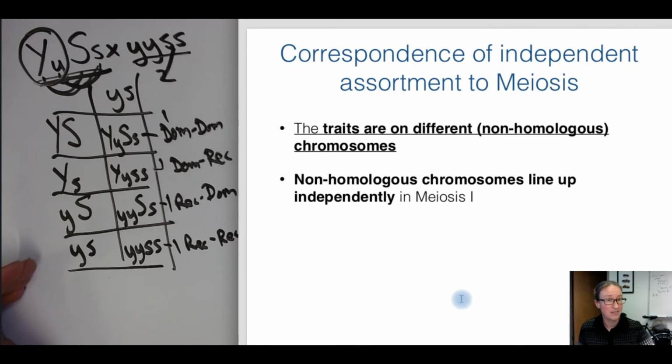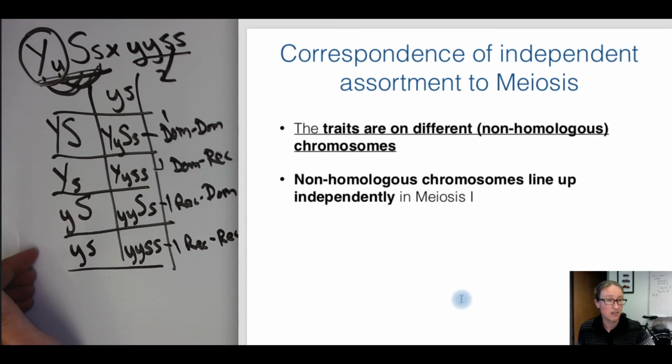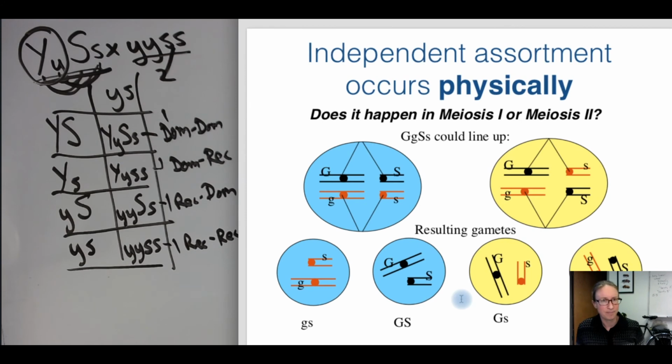So what that means is these two traits of being yellow or green versus wrinkled or smooth are on different or non-homologous chromosomes. And so the reason why we get all these outcomes is because non-homologous chromosomes line up independently of each other during meiosis 1. So let's take a look at that just to make it very clear.